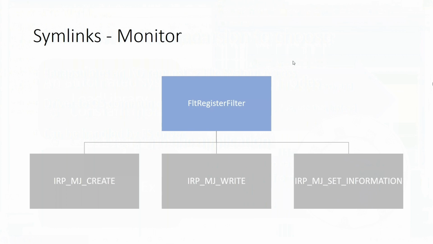The next IRP is IRP_MJ_WRITE, which is generated, of course, when you do a write operation. This can also be used in a symlinks attack when we want to create files with arbitrary content. Lastly, there is another IRP, IRP_MJ_SET_INFORMATION, and this is very useful in case we want to achieve arbitrary delete.